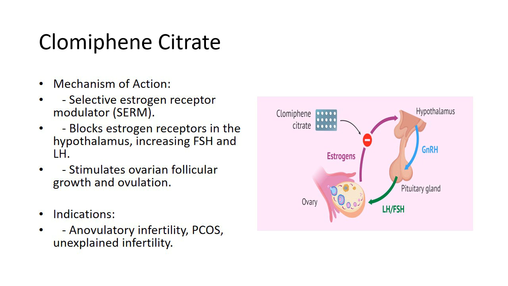Indications: first-line treatment for PCOS-related anovulation. Used in unexplained infertility to induce ovulation. Induction of ovulation in women with irregular menstrual cycles.